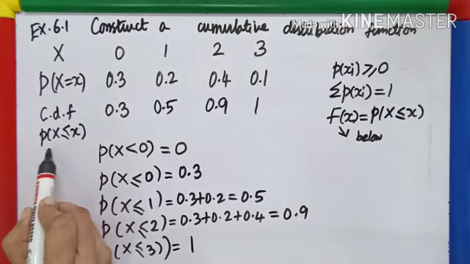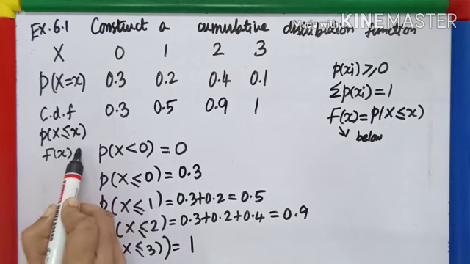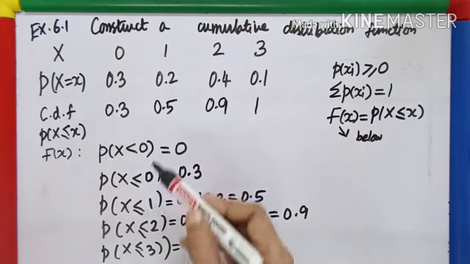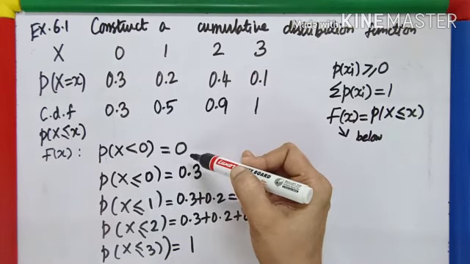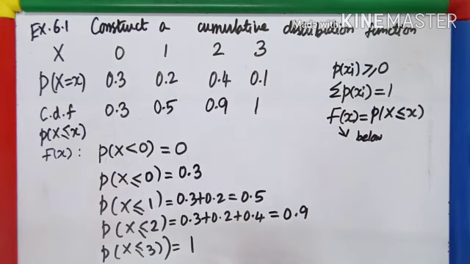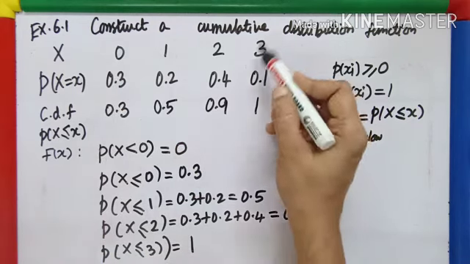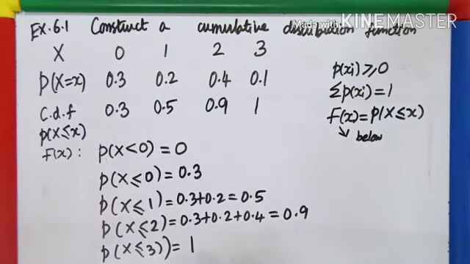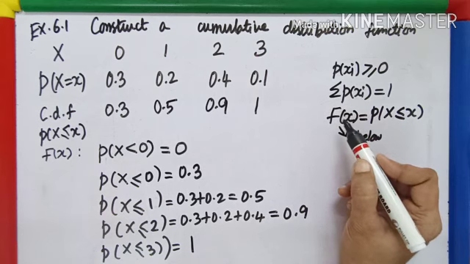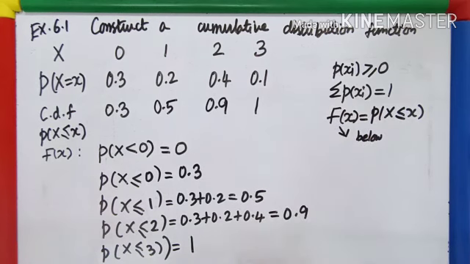So when I write capital F of X, my answer would start from 0 and end at 1, because probability below the given value is definitely 0. Probability below or equal to the highest value is always 1. Remember, in all the F of x table, the final answer is 1.